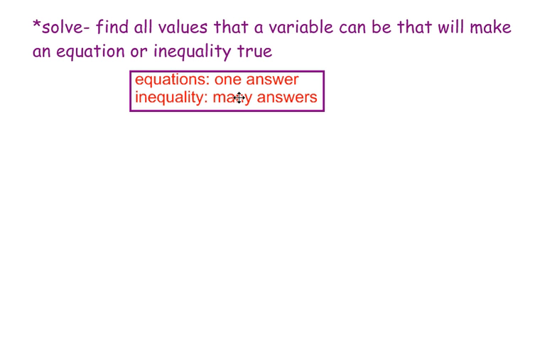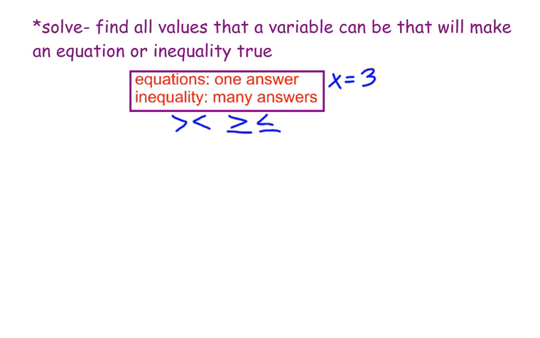Equations usually have just one answer, something like x equals 3. The only thing it can possibly be is 3. But an inequality has many answers because inequalities use these symbols: greater than, less than, greater than or equal to, and less than or equal to.